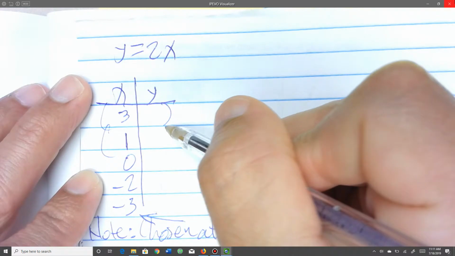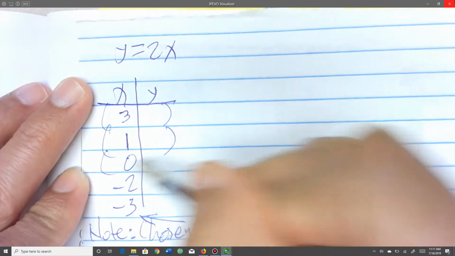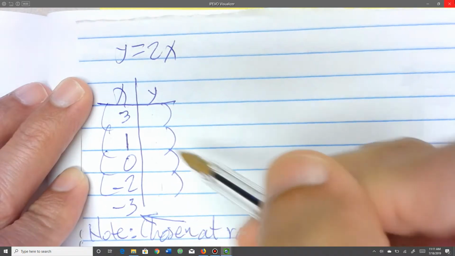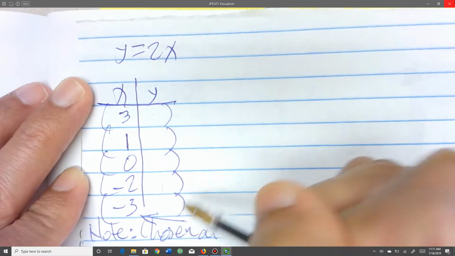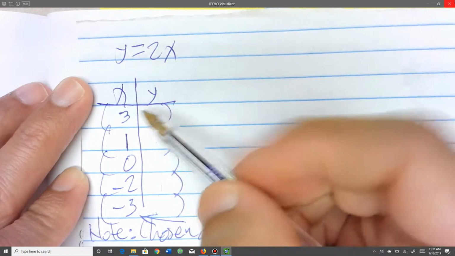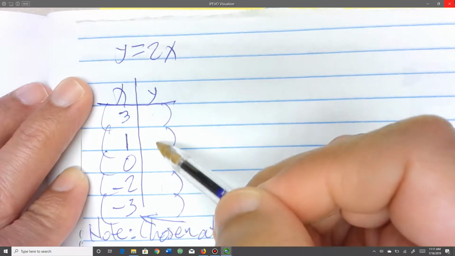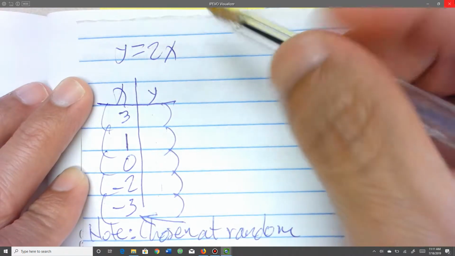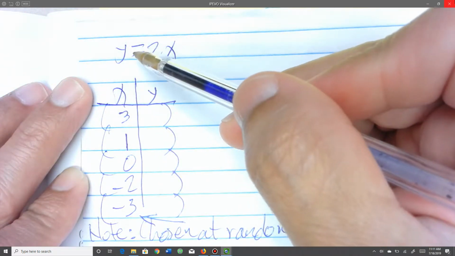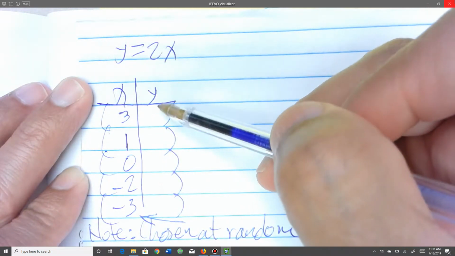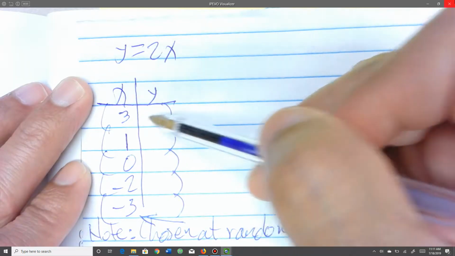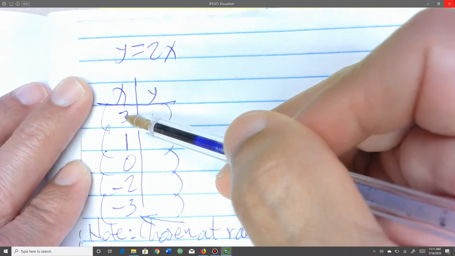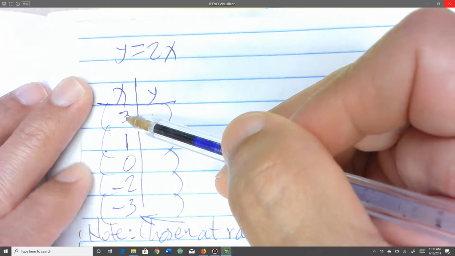So this time I'm going to draw parentheses around them, just like you would write ordered pairs. Here I know that I'm missing a y variable for all these ordered pairs. And for this ordered pair, I know that my x is 3, right?